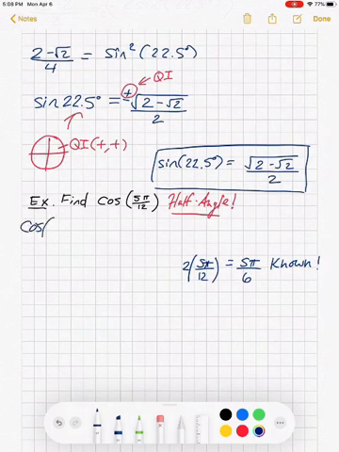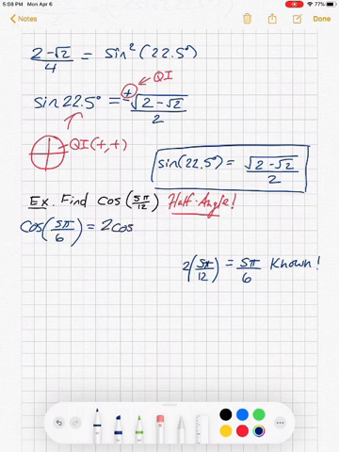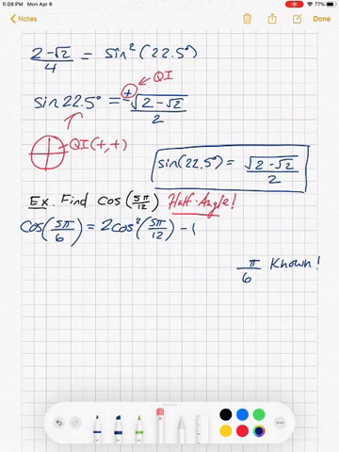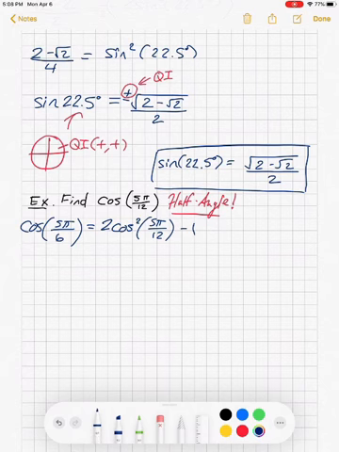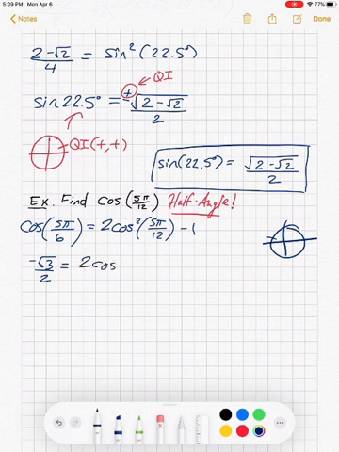I'm going to have cosine of twice my 5 pi 12ths, which was my 5 pi 6, like so. Okay, and then I evaluate 5 pi 6 here, right? So negative root 3 over 2. And then I just do the algebra, solving for this cosine.